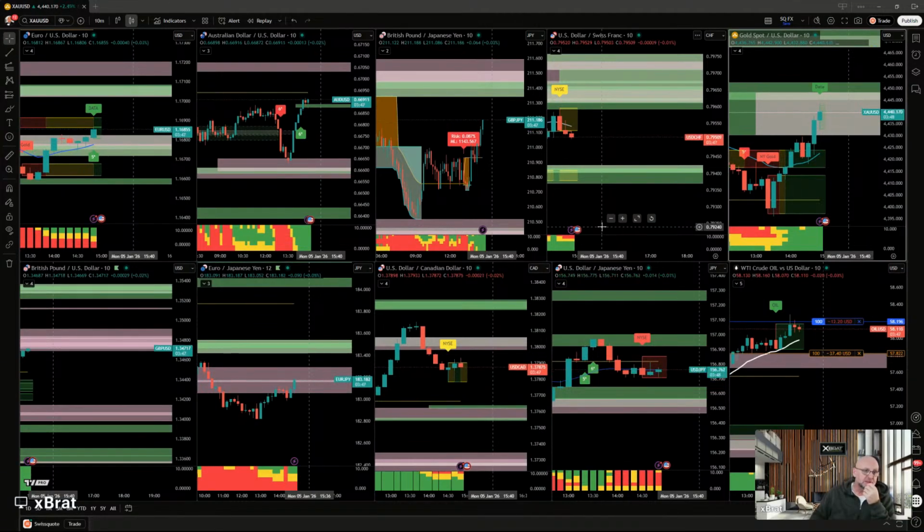Really interesting to see how US dollar Swiss franc fares on this data reaction.